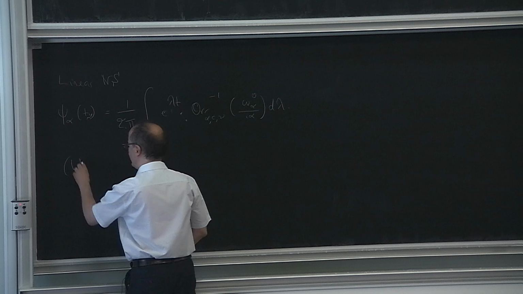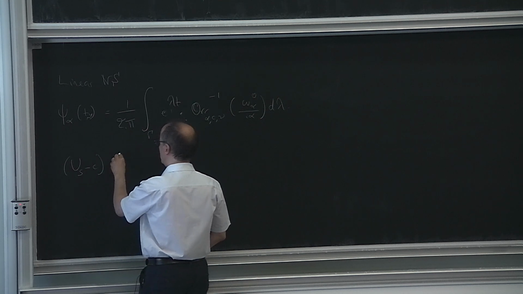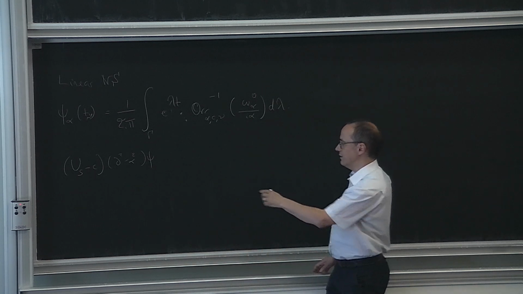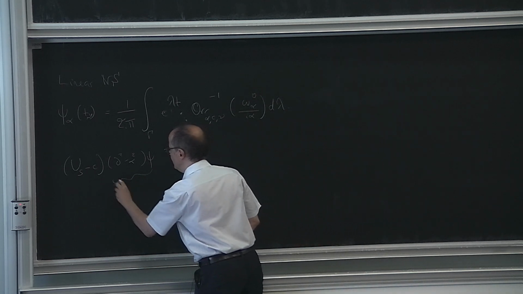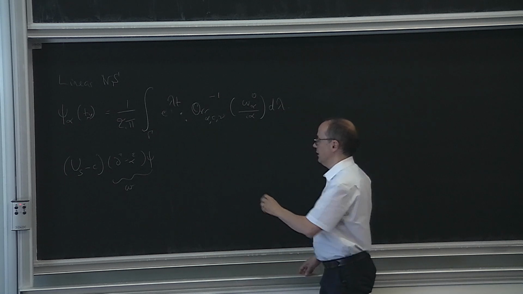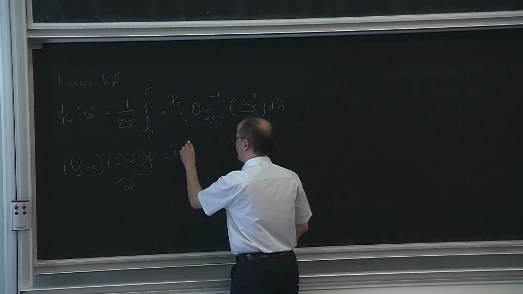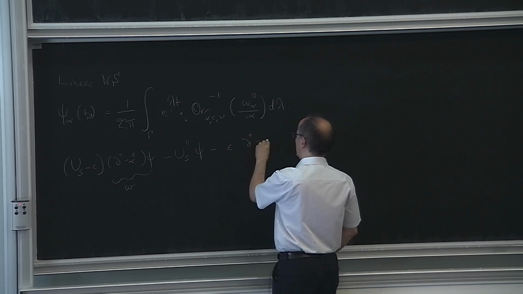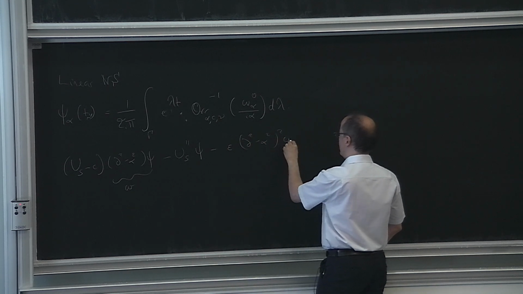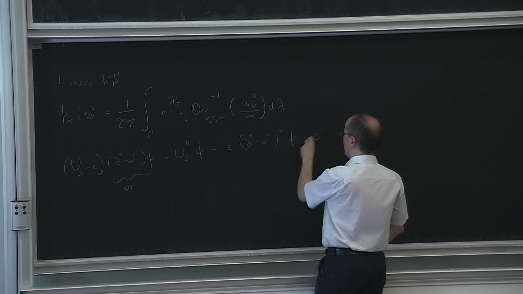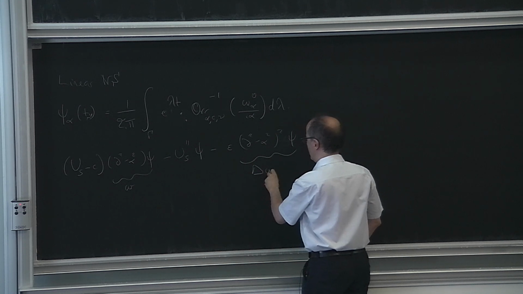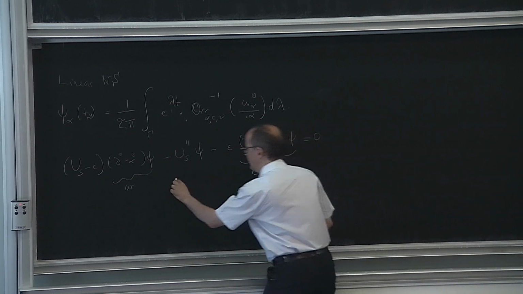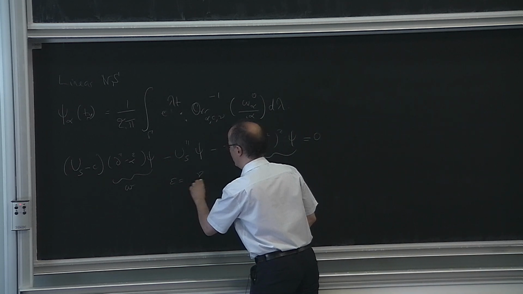And so the Sommerfeld equation reads: this is the transport and time derivative of the vorticity, minus us prime prime psi, minus epsilon second derivative equals 0, and this is of course the Laplacian of omega, and epsilon is something like nu over a alpha.